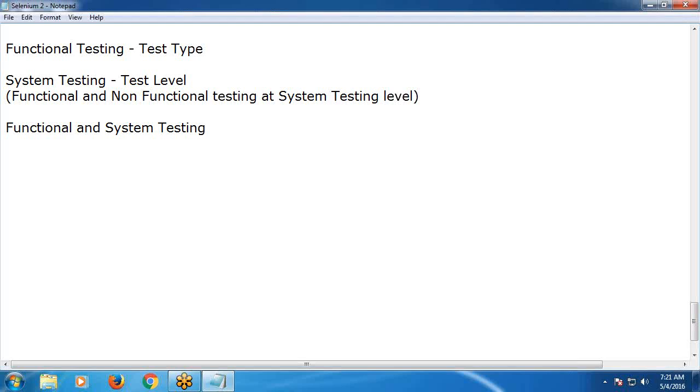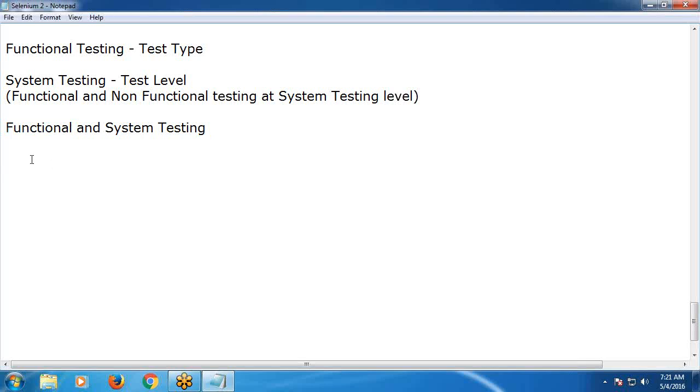Why? Functional testing is part of system testing, but not only part of system testing. It is also part of unit testing, integration testing, and acceptance testing. Independent concept. That's why functional and system testing is a correct term, meaning functional testing at system testing level.